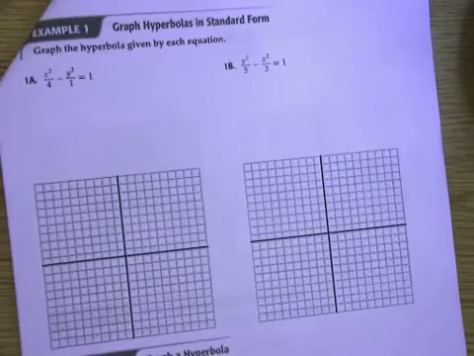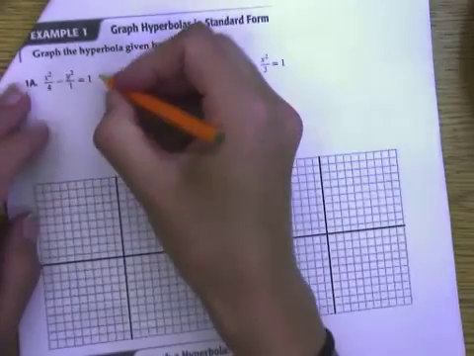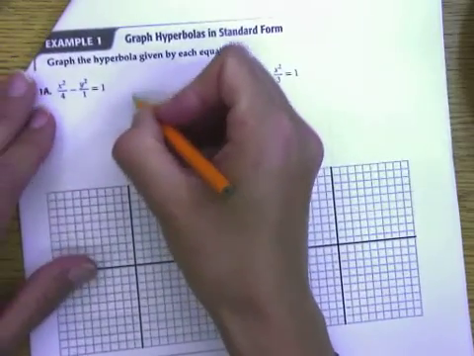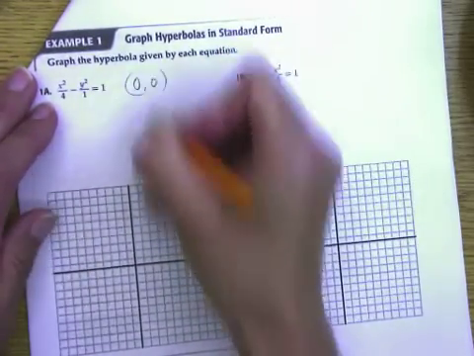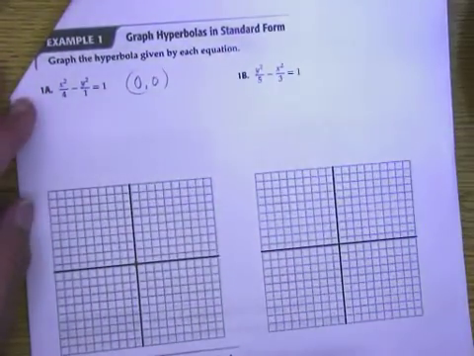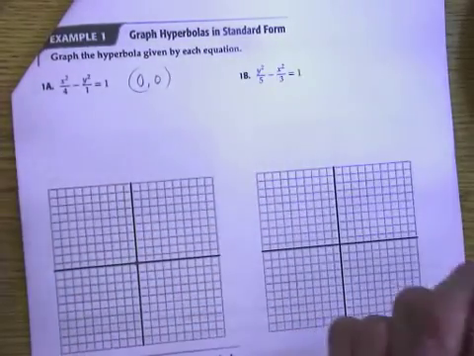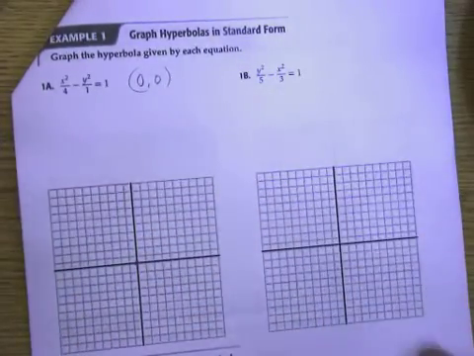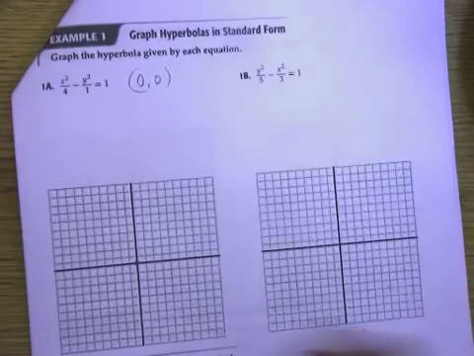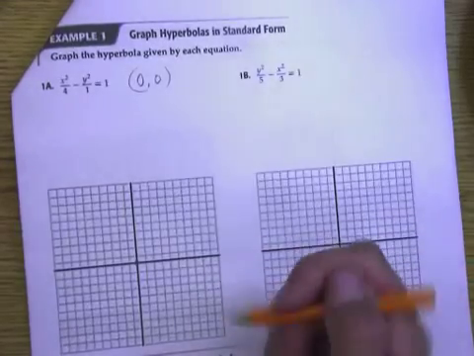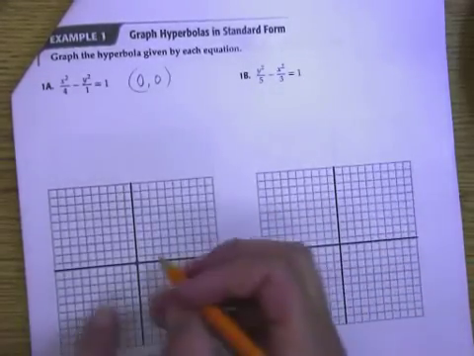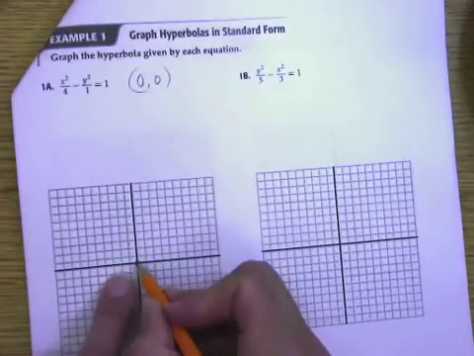So let's get started. If I'm graphing this hyperbola, the first thing I want to do is figure out where the center is. This is 0, 0. And very much like how we plotted the vertices and the co-vertices for an ellipse, we're going to do something like that for a hyperbola.